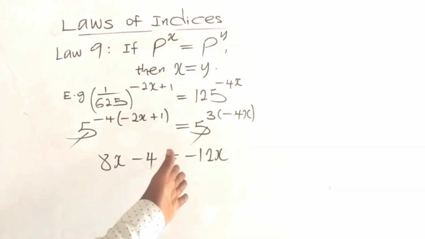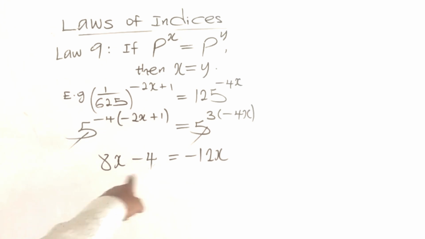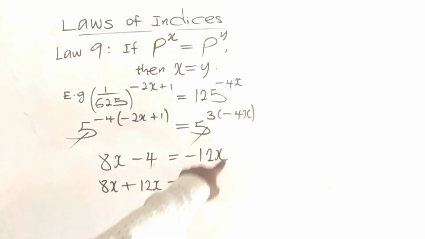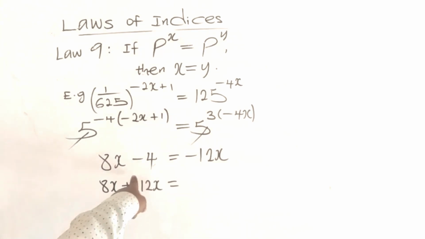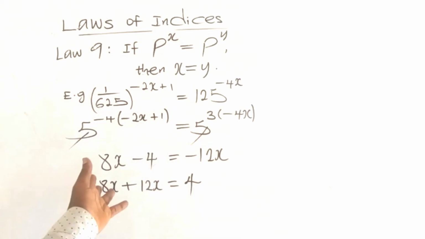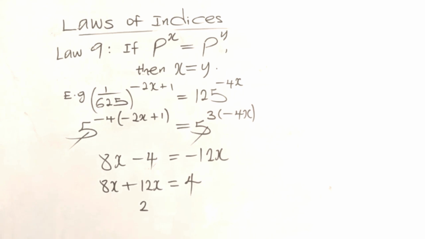Now let's collect the like terms. Transfer minus 12x to the left side, and that changes to plus 12x. So we have 8x plus 12x. Also transfer minus 4 to the right side of the equation, that changes to positive 4. Now 8x plus 12x gives you 20x. 20x equals 4.